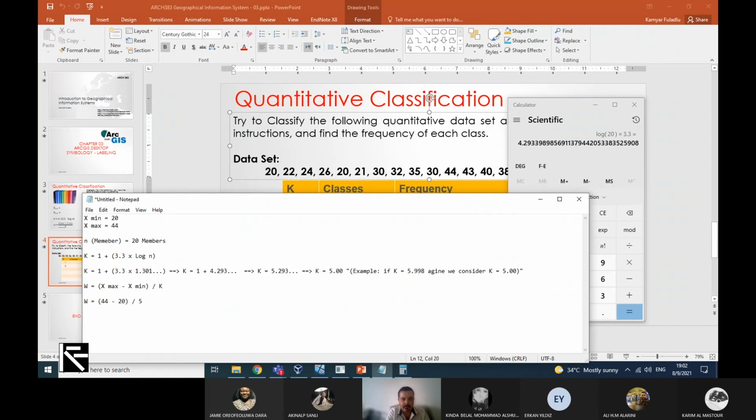Okay, let's go ahead. I will say W equals 44 divided by 5.